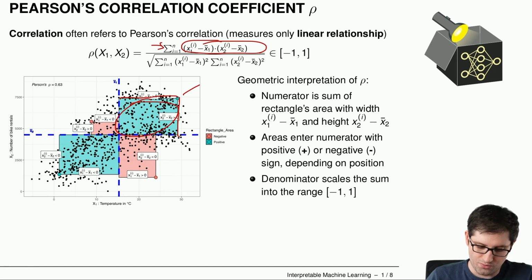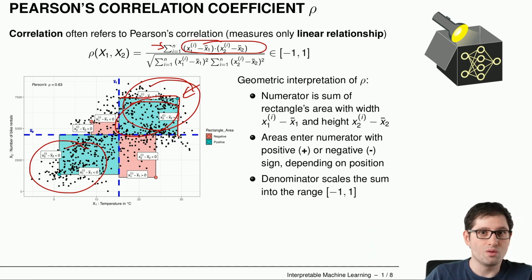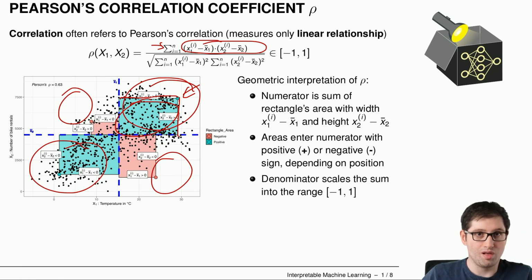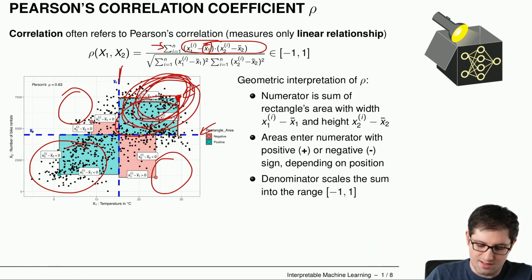For example, if we are over here in this region or in this region, we will always have a positive sign. If we are here or here, we will always have a negative sign. The reason is that the mean value here is always smaller than the observed value from observations that lie above this line and on the right hand side from this line, meaning that the two values that are multiplied for points in this region are always positive.